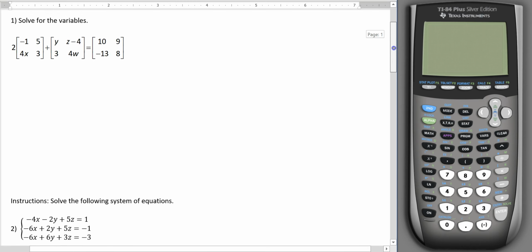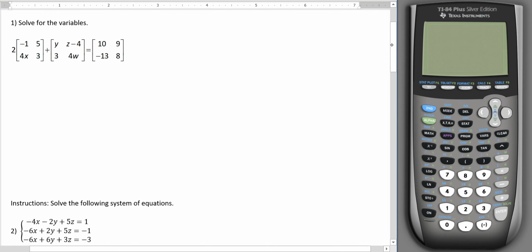So looking at number 1, we're going to solve for the variables. There are 4 variables here we're going to look at: X, Y, Z, and W. For these, let's just create these equations real quick.